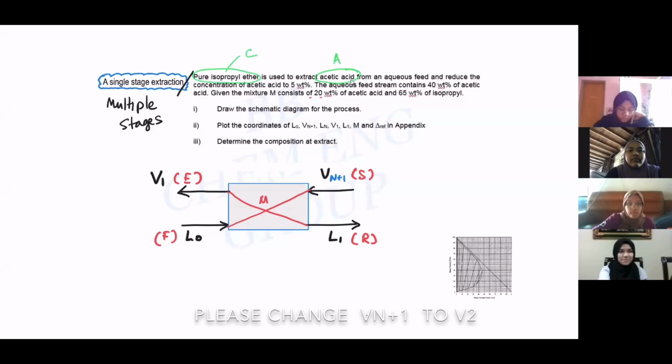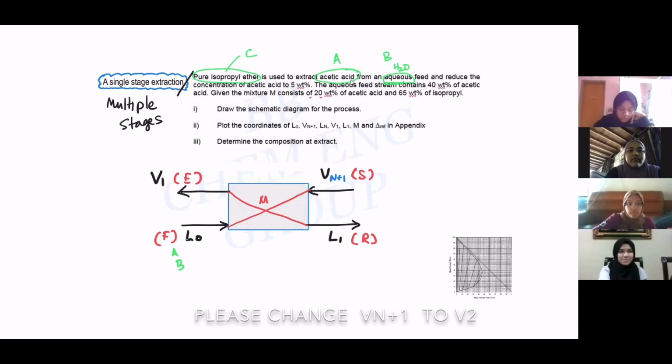And the acetic acid is from an aqueous feed. Aqueous means you have water inside, so this is the carrier. Normally it's water. From the feed, reduce the concentration of acetic acid to 5 weight percent. So in your feed there is A, there is B so far.